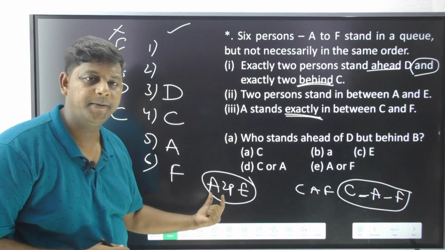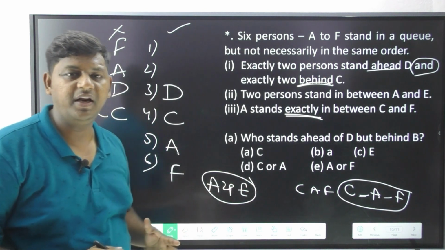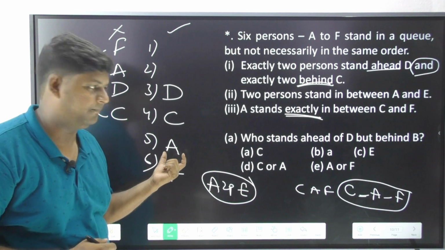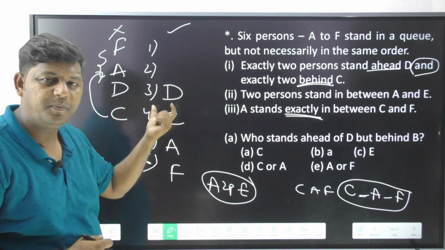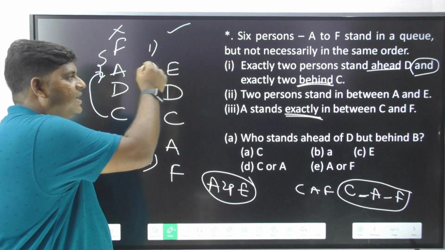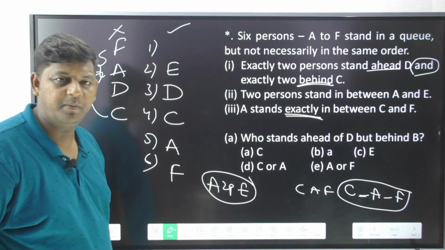Now let us go to this information. What is that information? There are 2 persons in between A and E. Now A is already settled at what position? 5. So 2 persons, if I bring C and D in between them, I can say E is going to come at position number 2.